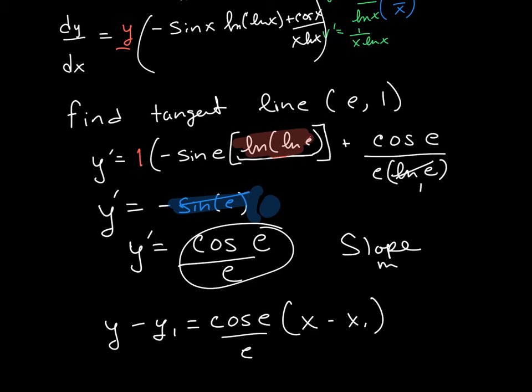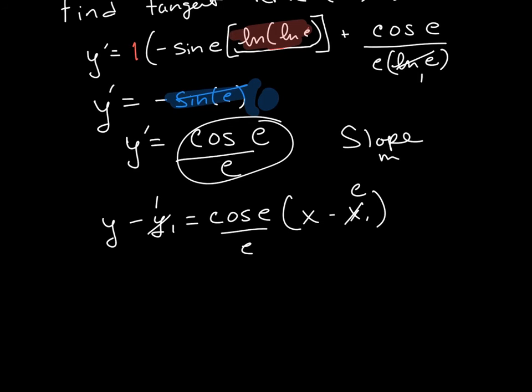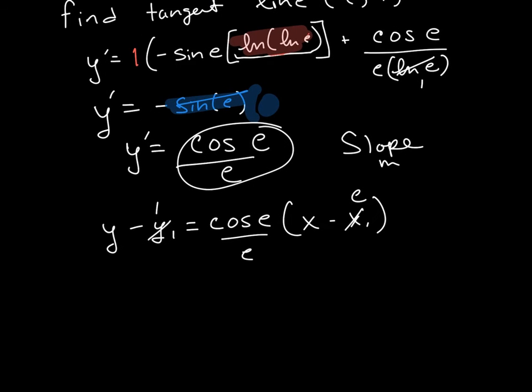And x1, our point was e, right? So that becomes e. Y1 was 1. So all of this now becomes y minus 1 is equal to the cosine of e over e times x minus e.